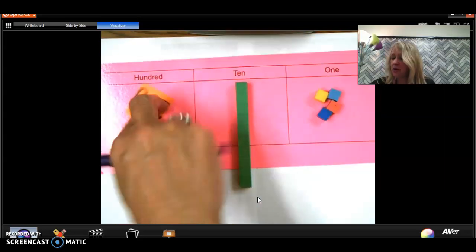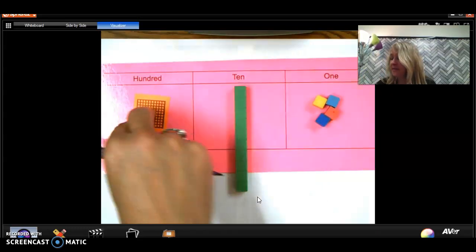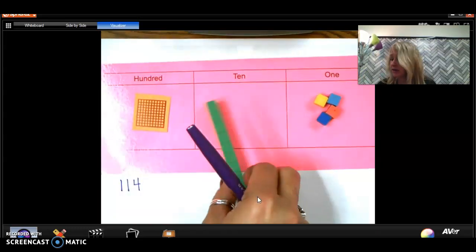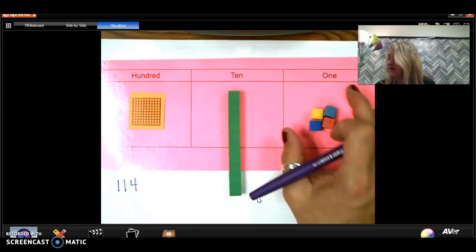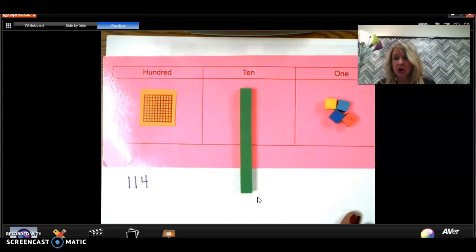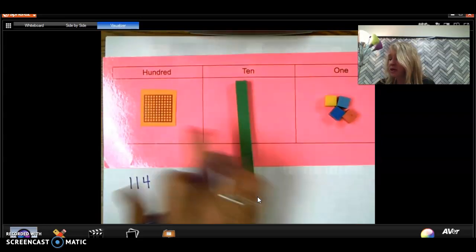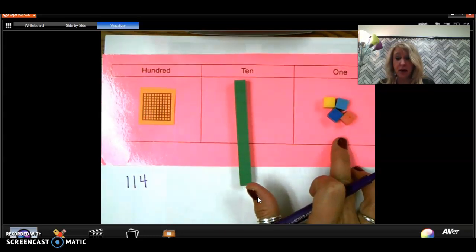It's worth 100. A 10 is worth 10. And the ones, the 4 ones, is worth 4. So we know that there is 100, 10, and 4 ones in Amanda's number, her pieces of paper.